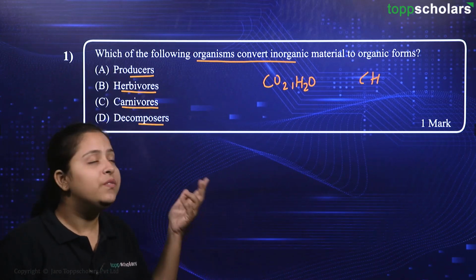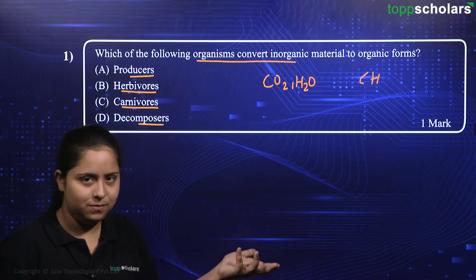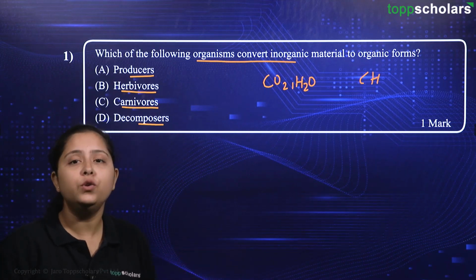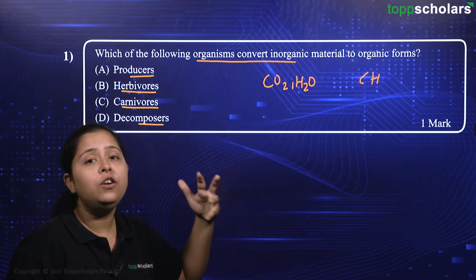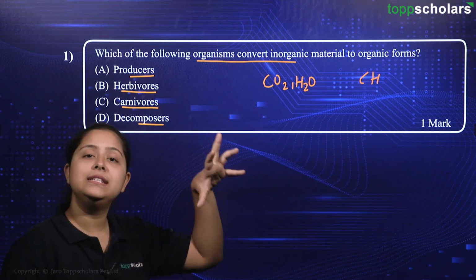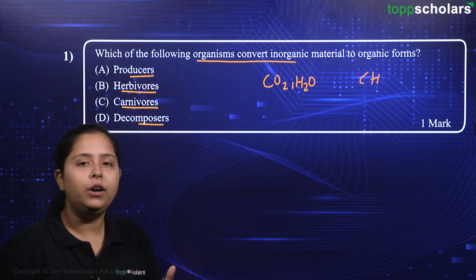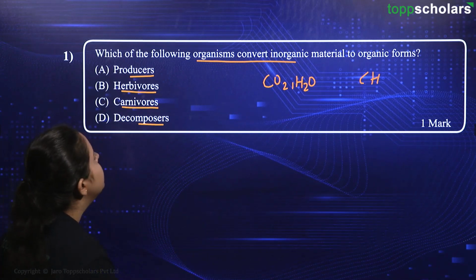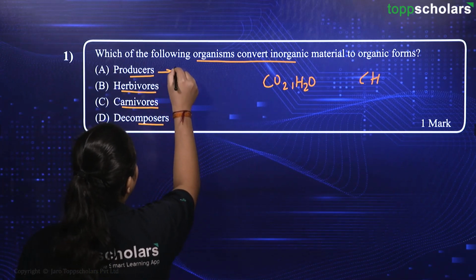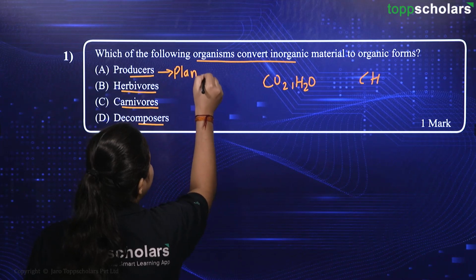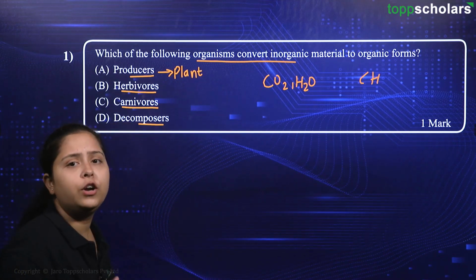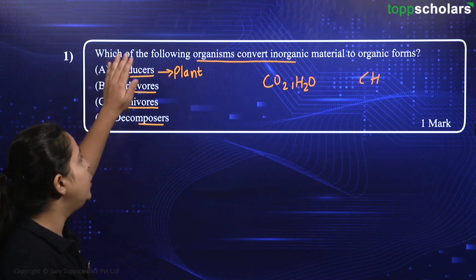So obviously friends, we know that plants are producers. Plants actually give us the food. If we don't have plants, we cannot fix these inorganic forms that are present in our environment into the organic forms which is suitable for us to consume. So plants are basically the producers. Not only plants but algae or other autotrophic organisms are also the producers.